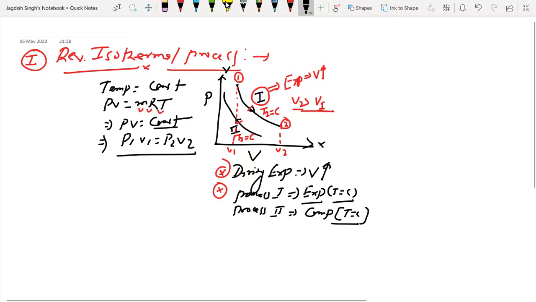In process 1, this is the reversible isothermal expansion, because during expansion the volume simply increases. Volume is increasing, so we can say that process 1 is an expansion process.